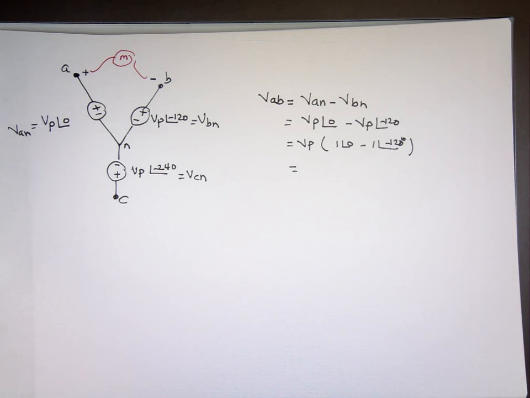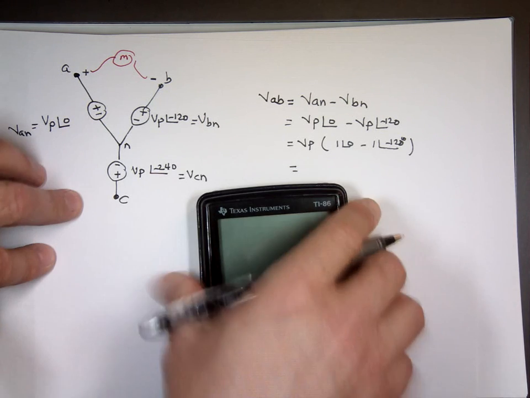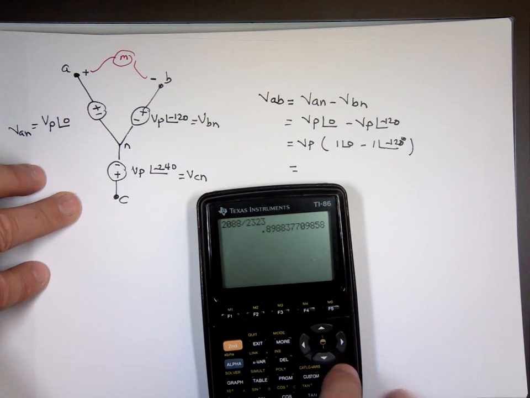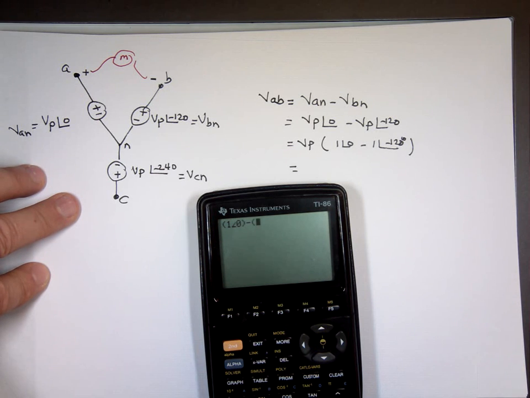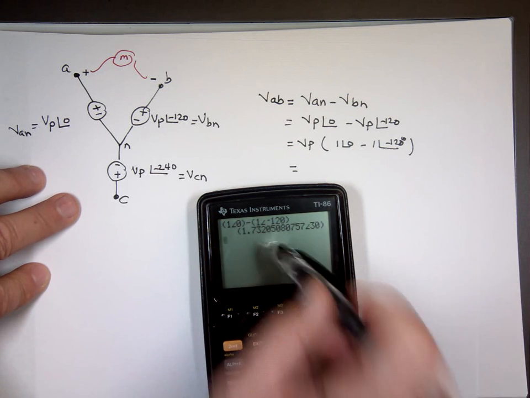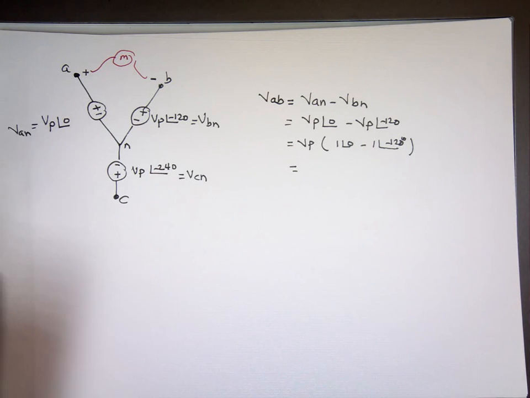I'll do the math just to show you here. 1 angle 0 minus 1 angle negative 120 is 1.732, what's the angle? 30. What is the 1.732? That is the square root of 3.